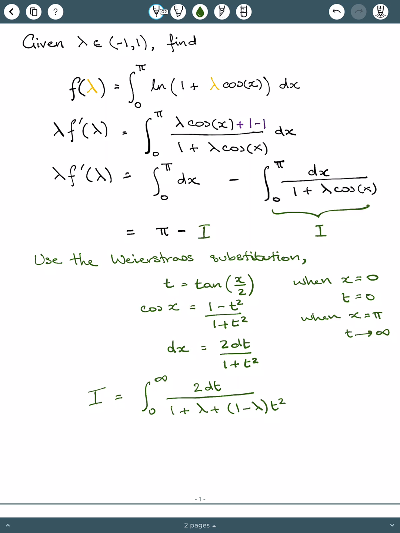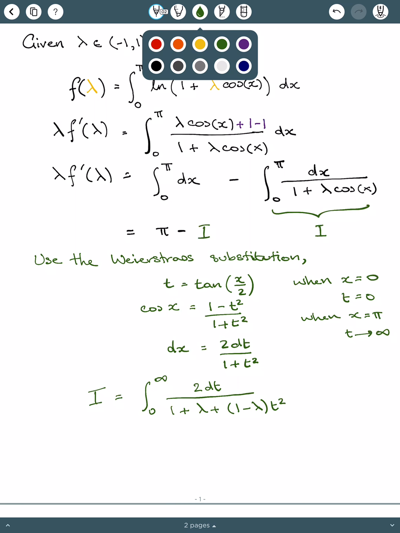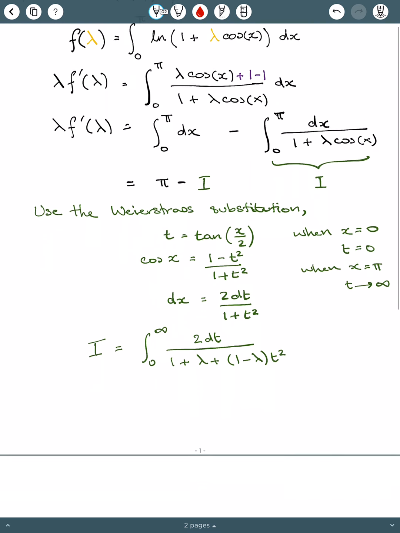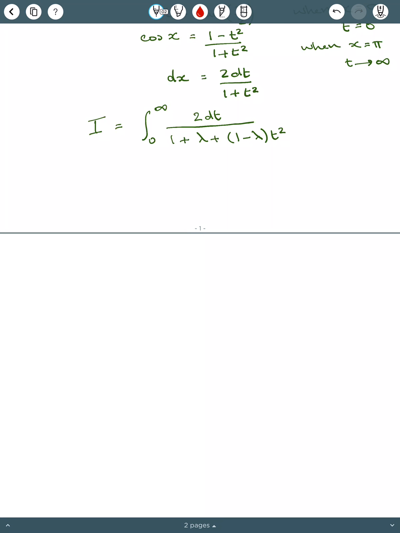Okay, so we're going to need one more substitution to put this into a form that we can really recognize. Okay, and that is going to be t is the square root of (1 plus lambda) on (1 minus lambda) times, say, a new variable u. Okay, this is to get rid of the 1 minus lambda that's multiplying the t squared. Okay, so the limits aren't going to change.